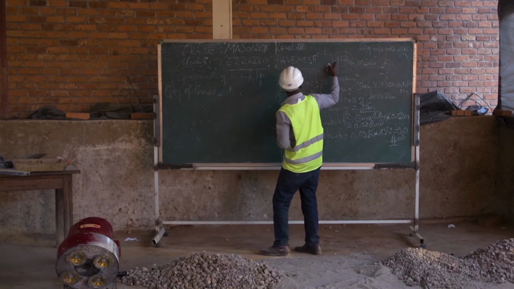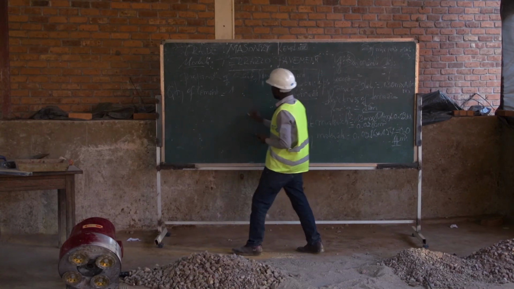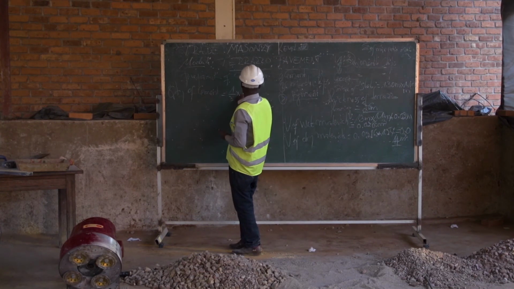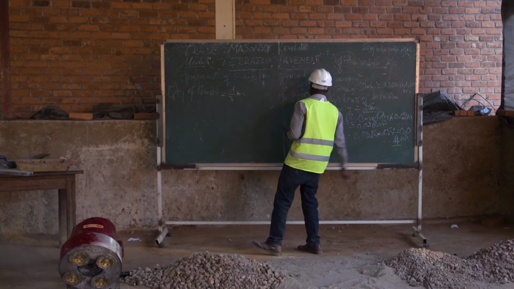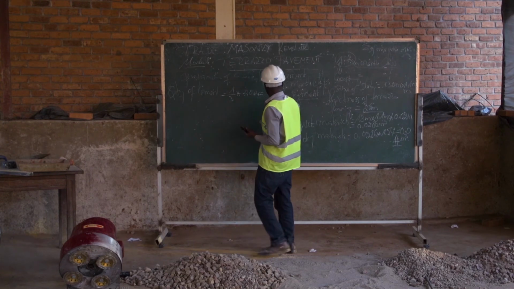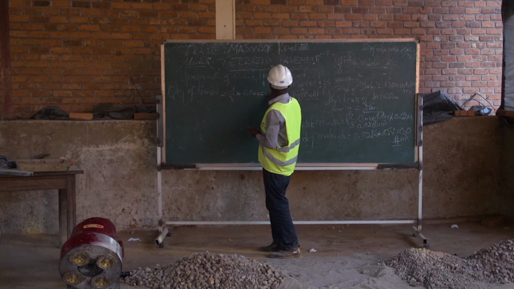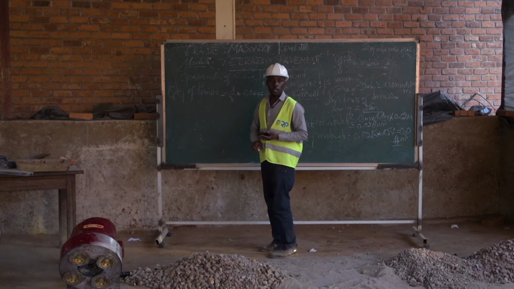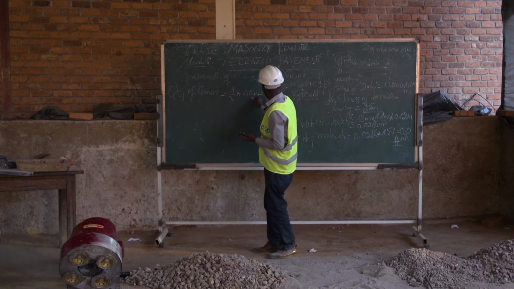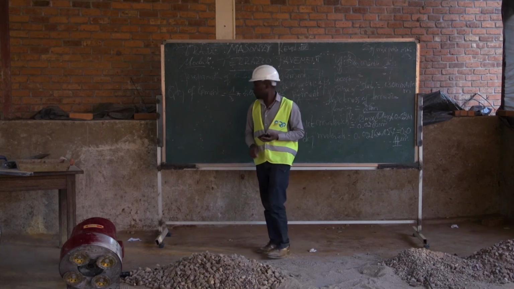The ratio of cement is 1 over the sum of mix ratio multiplied by the dry volume of material, 0.044, which is equal to 0.016 cubic meter. So this is the volume of cement that we're going to use.